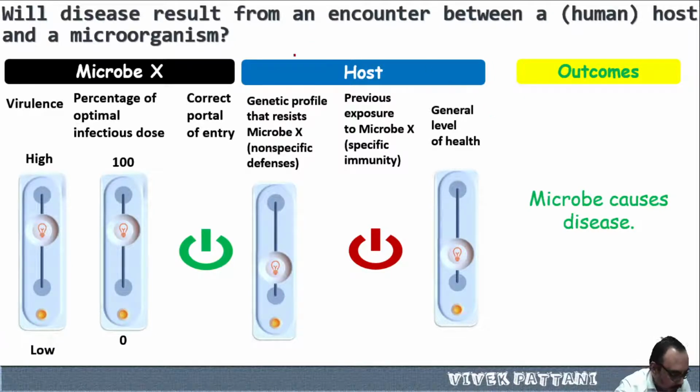For example, virulence is high, the percentage of optimal dose is again high, and it has entered through the correct portal of entry.